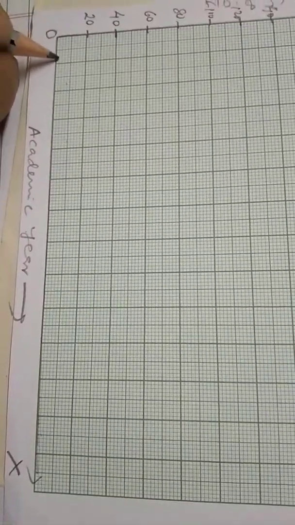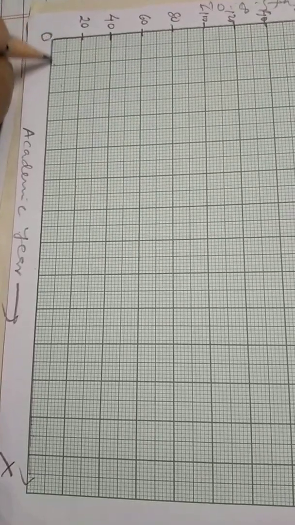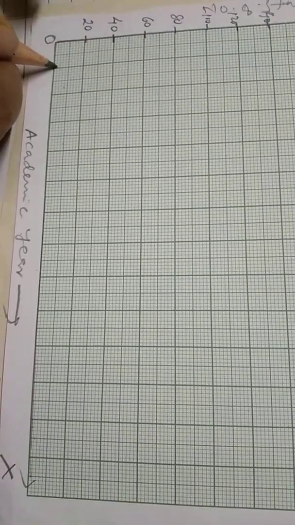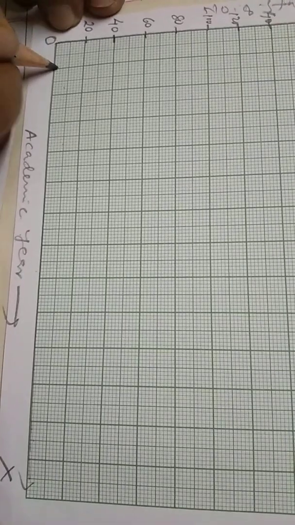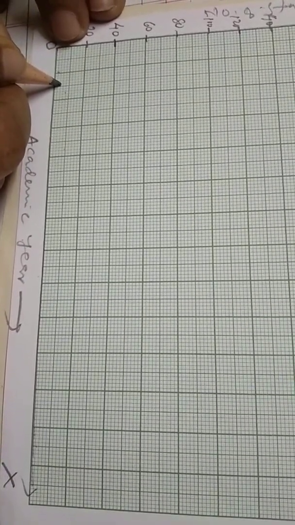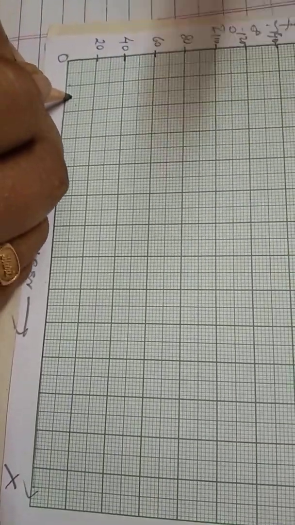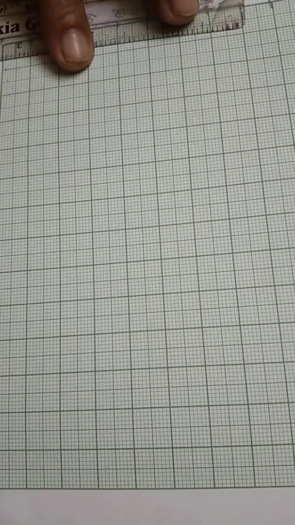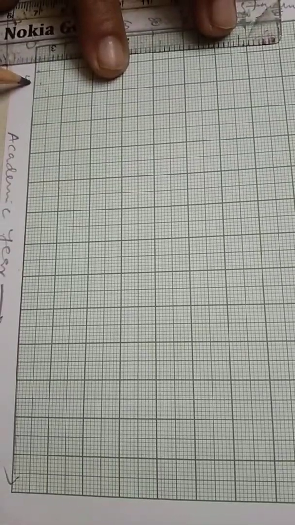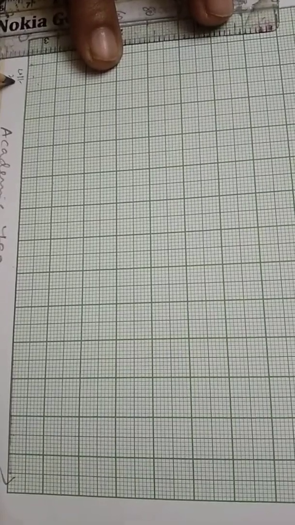First we draw the first academic year after leaving one unit from the starting point. So I have to take the second column. Here I have to represent the number of students, 80 students. That is the year 2011-12. If you want, you can write it here, or otherwise you can write it inside the bar also.